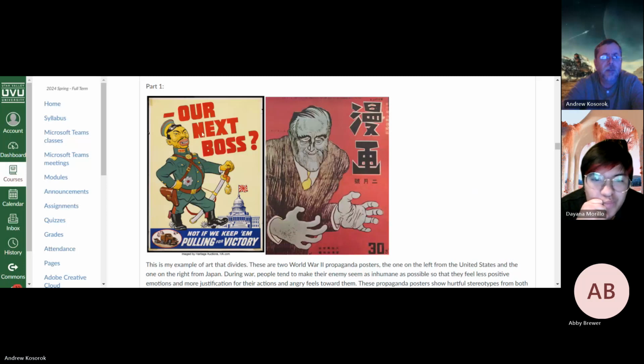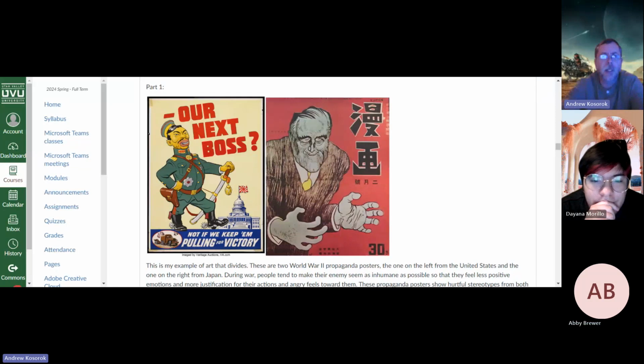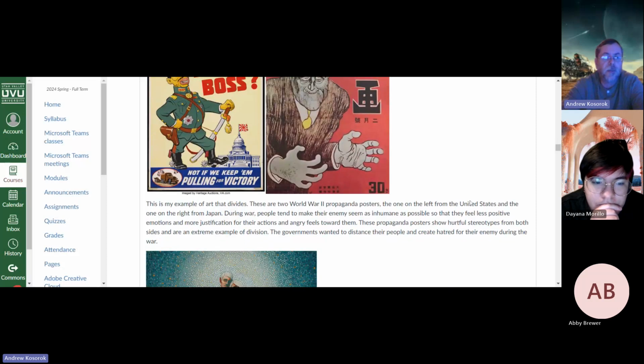Can you guys both see these two posters? Okay. Yes. All right. The one on the left is done by the US, and the one on the right is done by the Japanese government.